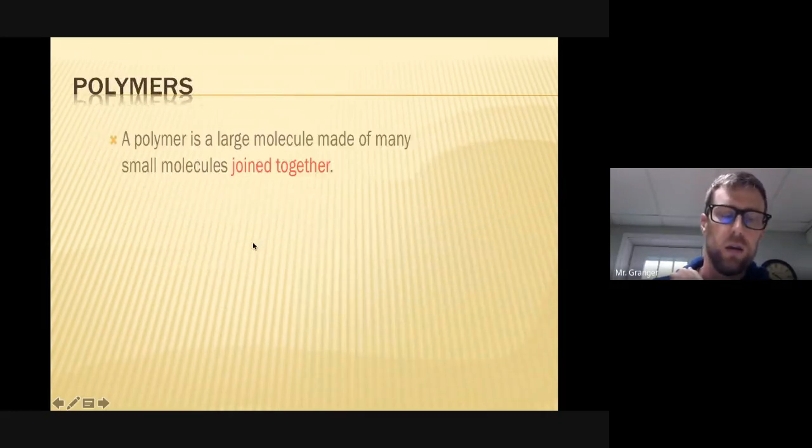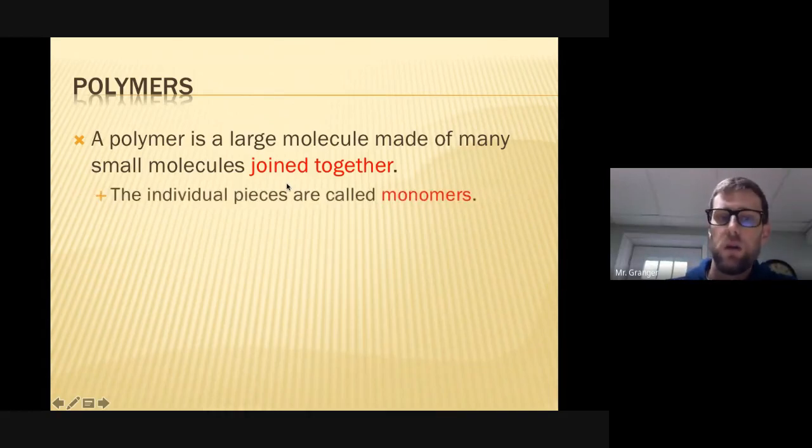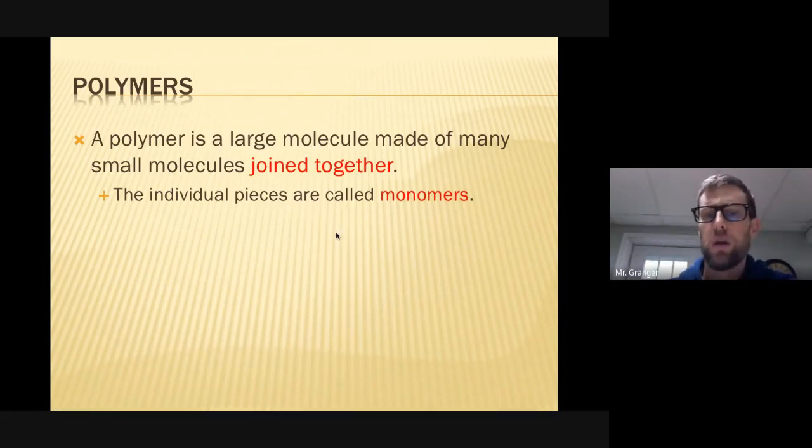And then we need to finish up with polymers, which are large molecules made of many small molecules joined together. So a lot of plastics that you might be familiar with are polymers. And the individual pieces that link together to form these polymers are called monomers, right? So mono meaning one, poly meaning many.